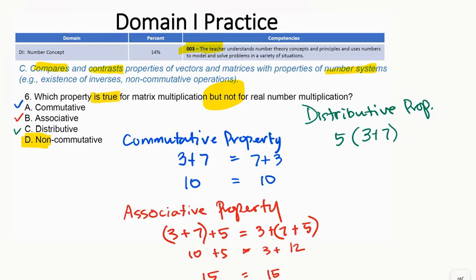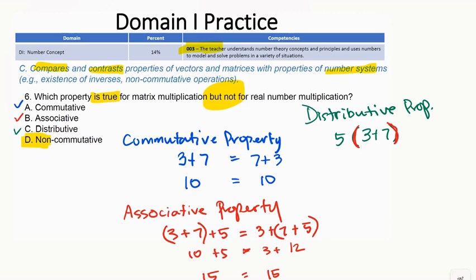Okay, parentheses means you need to multiply them. That's the meaning of parentheses in algebra.